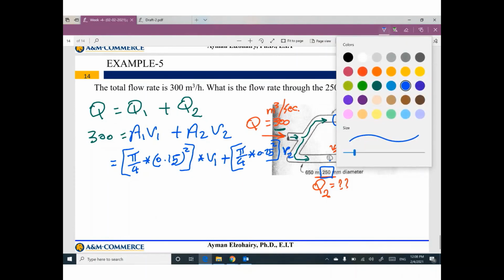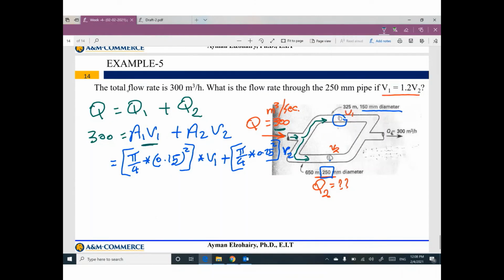Guys, because we have two terms added together, we must make our units consistent. This side is in cubic meter per second. The other side must be in cubic meter per second. That means this area must be in square meter, and this velocity in meter per second. That makes sense.